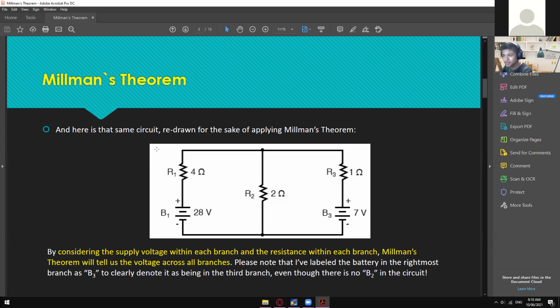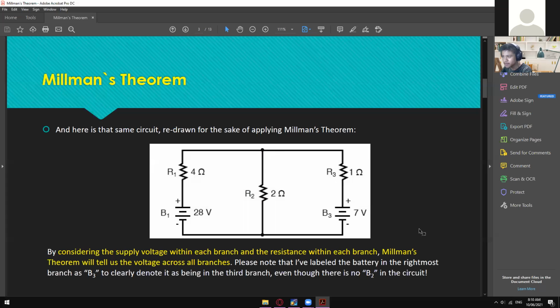So B1 is an indicator that this is our first branch. For the second, this is actually our B2, though we don't have B2, but we consider this one as the second branch. And the last one is the third branch. So even though there is no B2 in the circuit, consider this as the first, second, and then third branch.